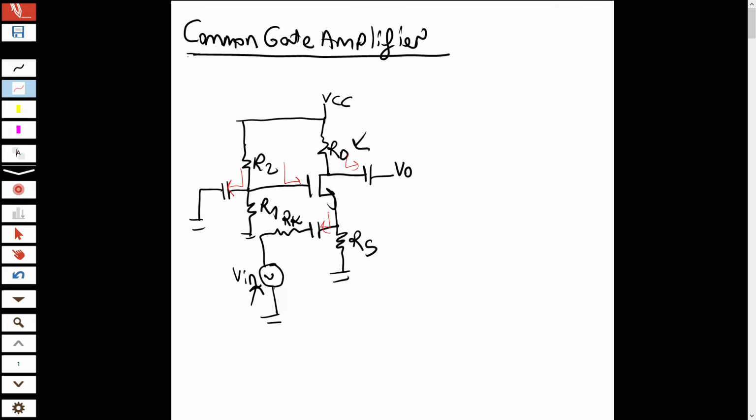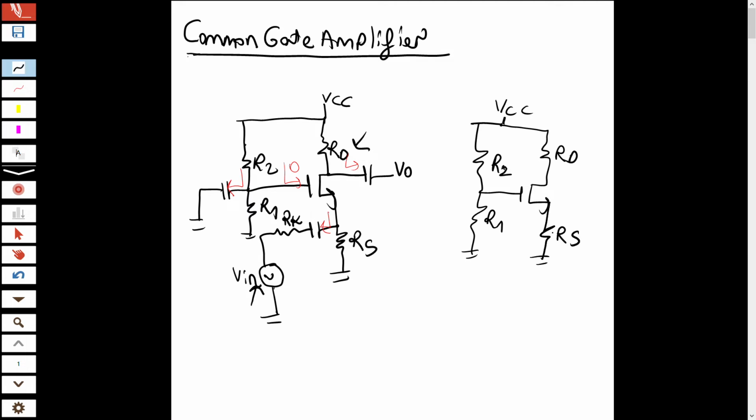Also, gate current is 0, so in this analysis my circuit simply becomes VCC, a voltage divider with R2 and R1, RD, and R source. I can find the V gate voltage. It equals R1 over R1 plus R2 times VCC.